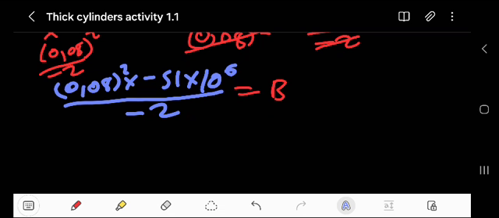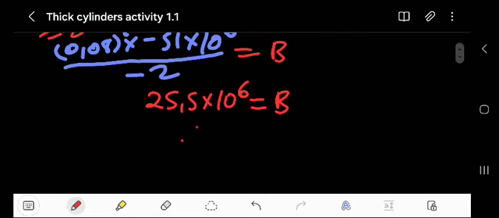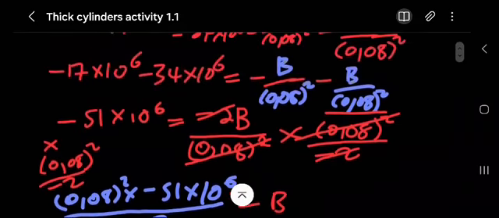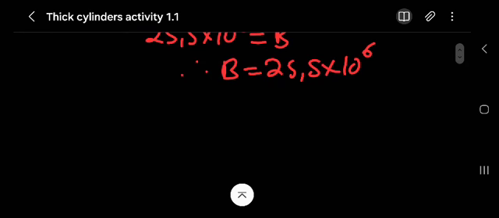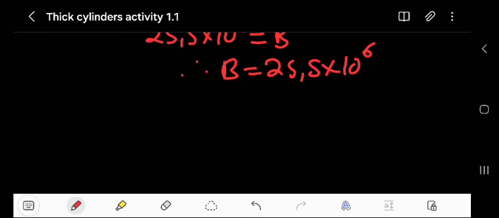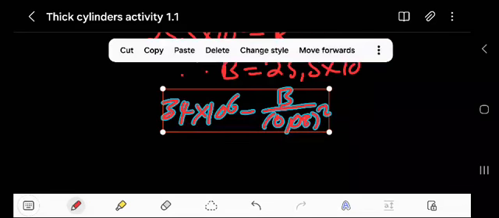A nice value, we have 2.5 times 10 to the power of 6 is equal to B. So therefore the value of B is simply equal to that, as now it is a unit. What about the value of A? We want now the value of A. This is the value of A.